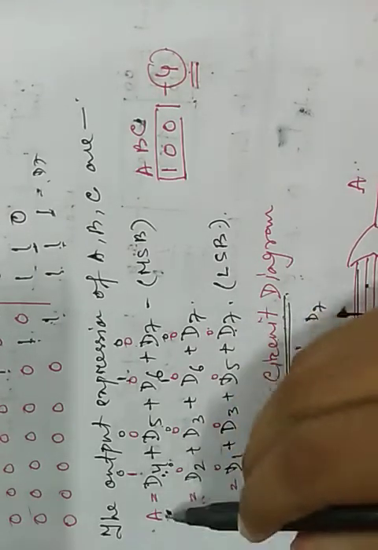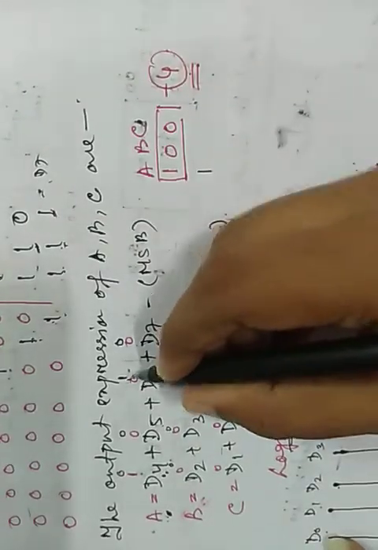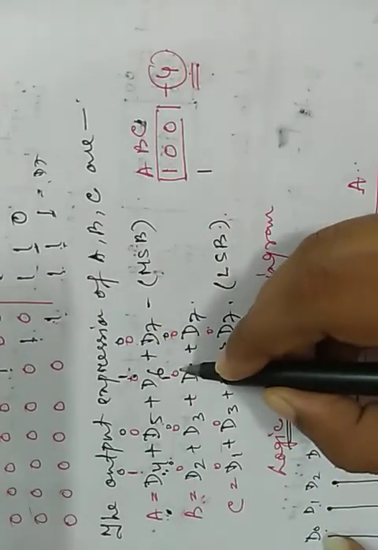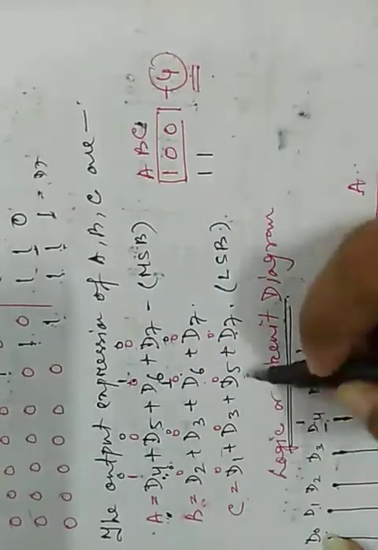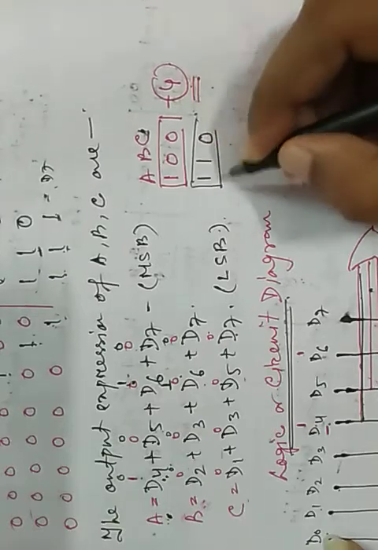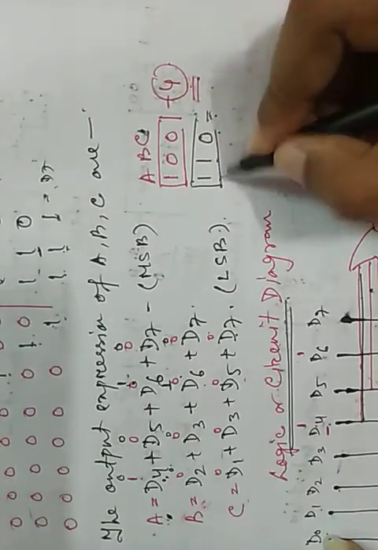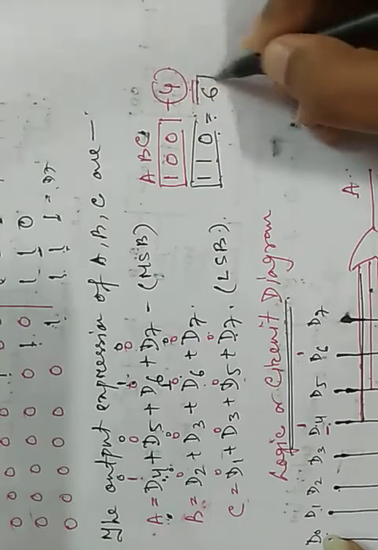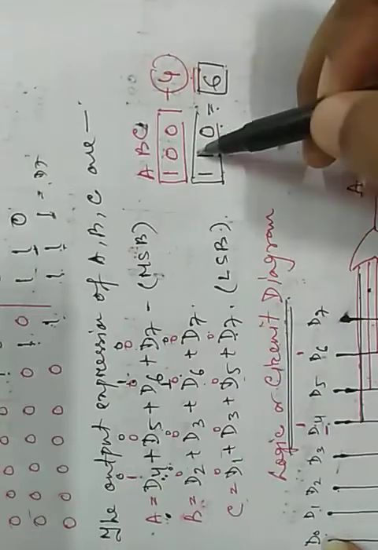So the output of A is 1 because there is a 1 from D6. The output of B is also 1 because there is a D6 value. And the output of C is 0. You can see that this output is the binary number, the binary of the octal number 6. That's why this is a conversion of octal to binary.